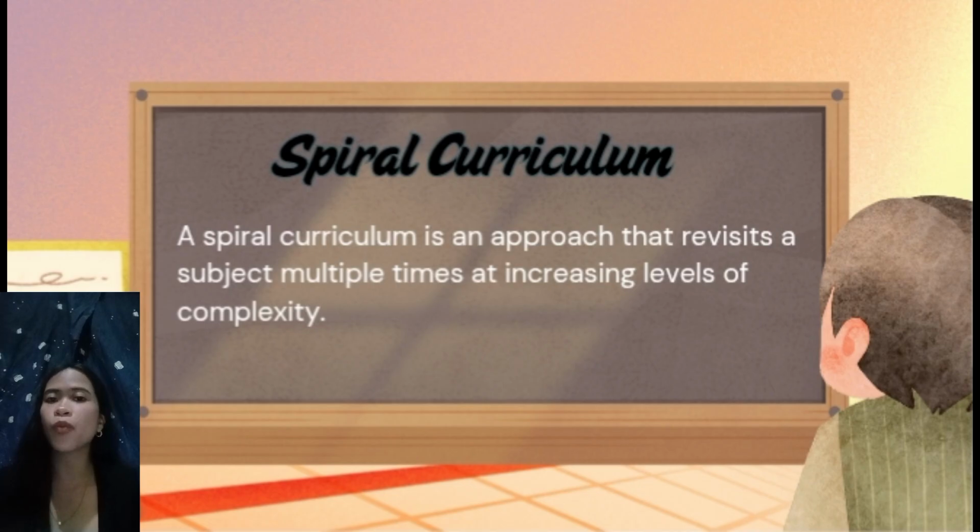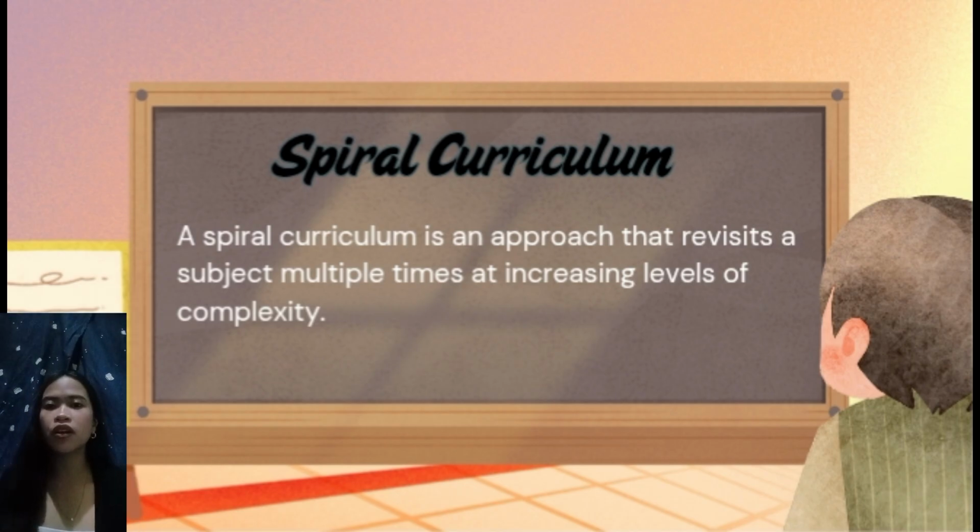So next is the spiral curriculum. A spiral curriculum is an approach that revisits a subject multiple times at increasing levels of complexity. For example, a student might first learn basic addition and subtraction with single-digit numbers.